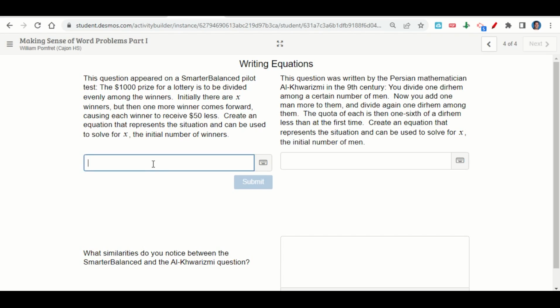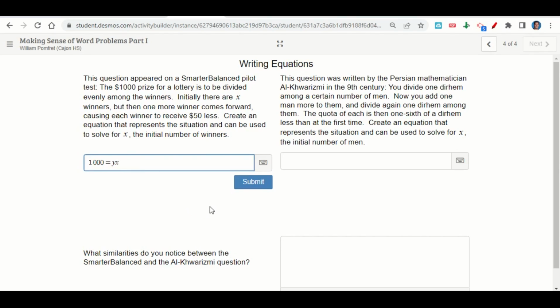So we know that there's going to be 1,000 total. That's the total amount. And each winner gets a certain amount, so some value, Y, times X number of winners. So that's our initial amount. Now when we add one winner to our collective of winners, we notice that each winner ends up winning $50 less than they originally were.